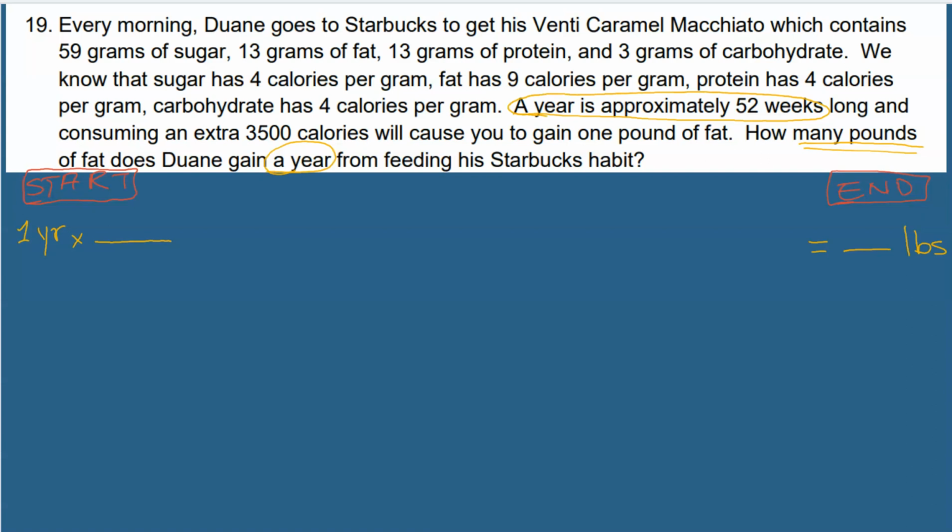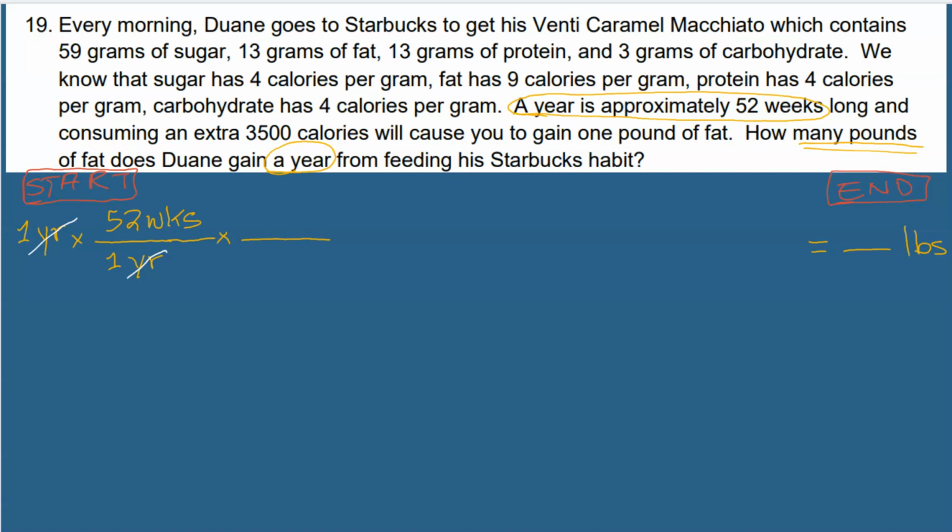I'm just piecing the information together in terms of unit conversion. So 1 year is 52 weeks, and we will have year divided by year. That's gone, right? Then I am in weeks. I need to cancel out weeks because I need to end in pounds.